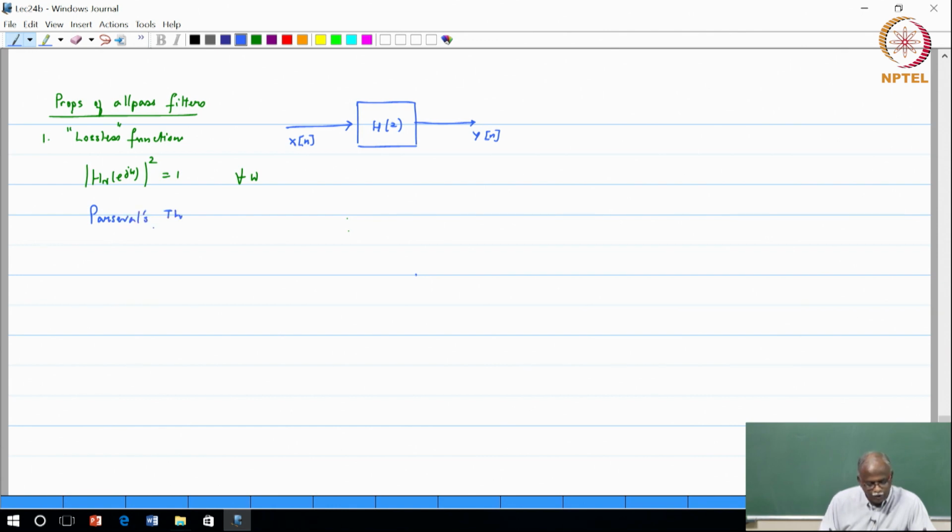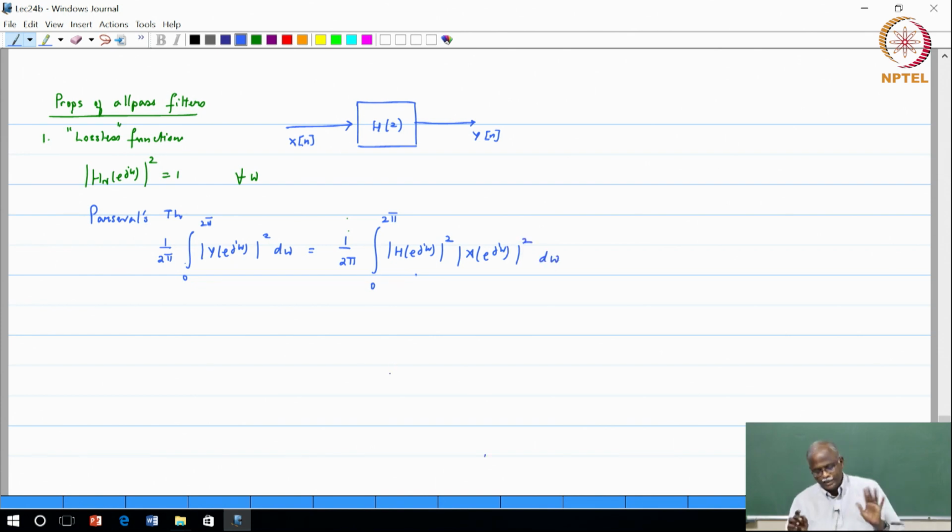I know that the input output power relationship is given by 1 over 2 pi integral 0 to 2 pi or minus pi to pi mod y e of j omega magnitude squared d omega, equal to, writing the Parseval's relationship, 1 over 2 pi integral of mod h e of j omega magnitude squared times x e of j omega magnitude squared d omega.